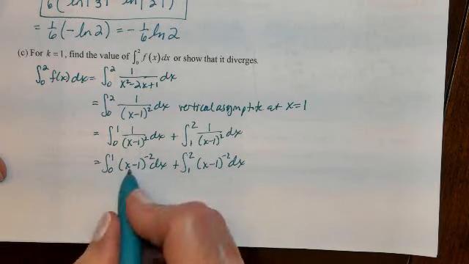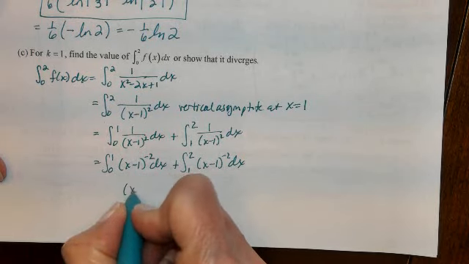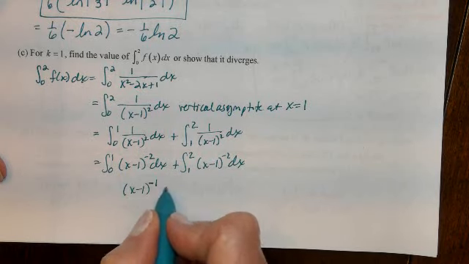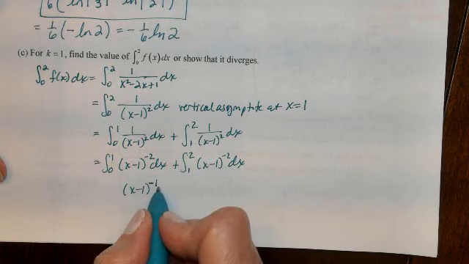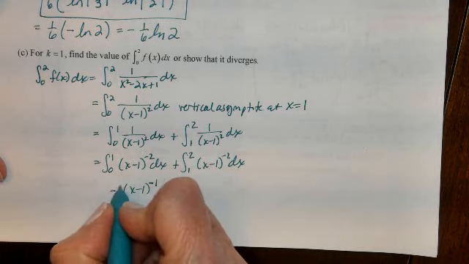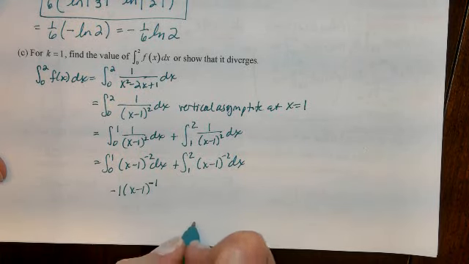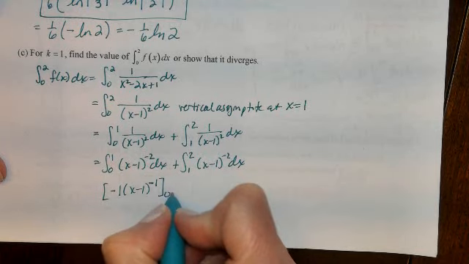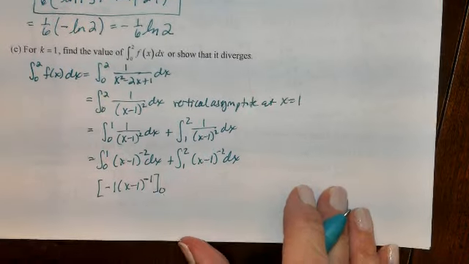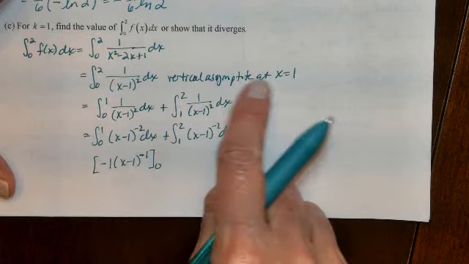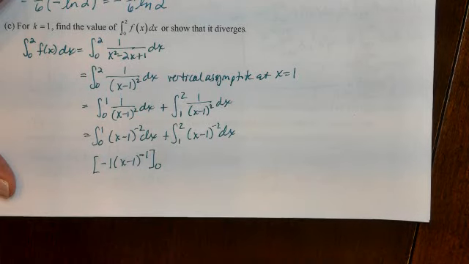So the integral will be u to the, add 1 to your exponent, right? And then divide by negative 1, like that. From 0 to, I would like to put a 1 up here, but I cannot put a 1 up there because my function is not defined there.